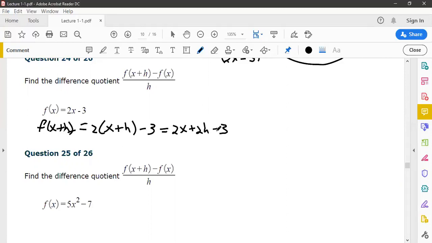Now notice, in the difference quotient, I need to evaluate f of x plus h. I just did. So I'm going to take that 2x plus 2h minus 3, and it's going to replace f of x plus h.